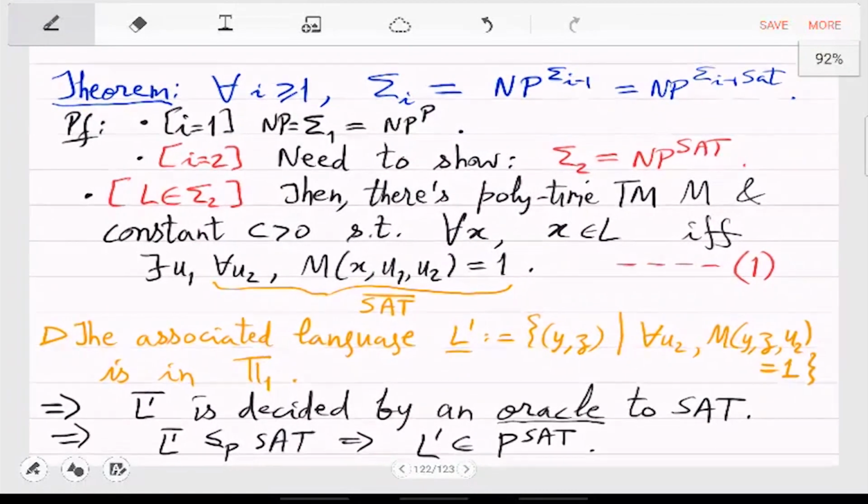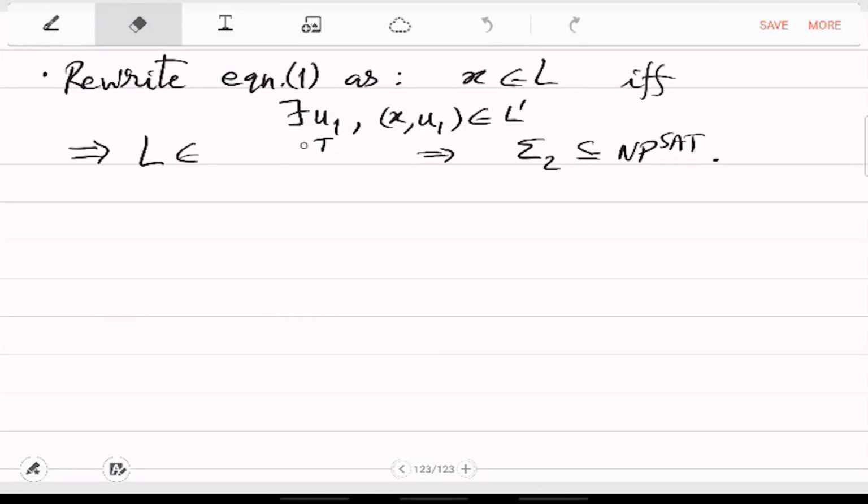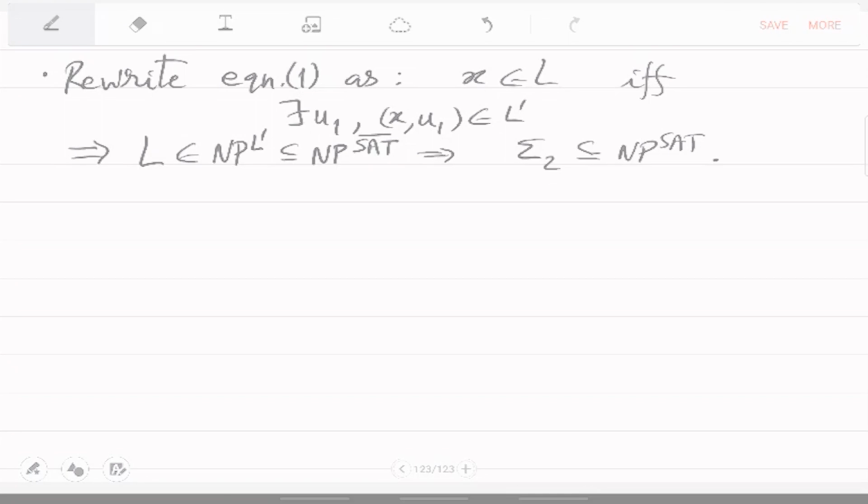Okay, and this is what we are using now. First we are using that L is in NP to the L prime, which is contained in NP to SAT bar, which the negation you can do in the oracle. So you get NP to the SAT.